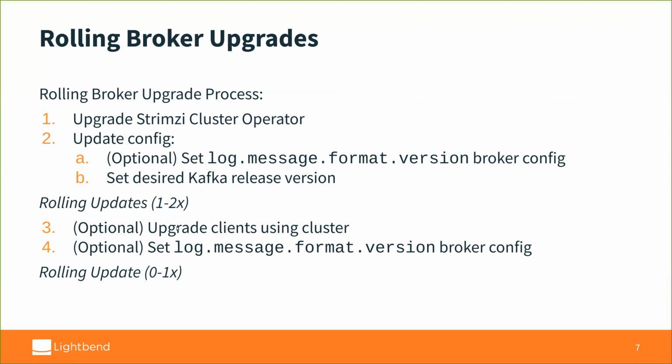And then optionally, you can still manage the log message format version if you like, but Strimzi can't do this automatically for you because this requires coordination with your application developers that are writing apps to connect to your cluster.